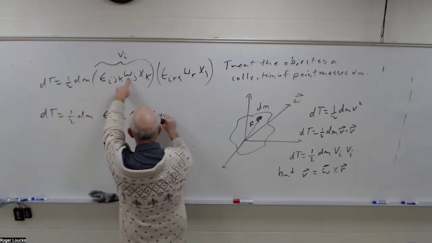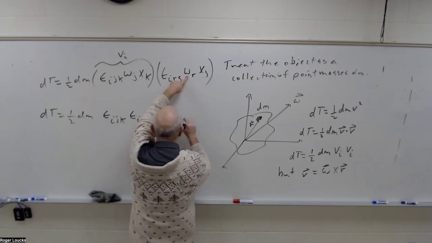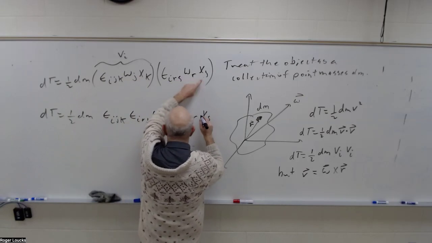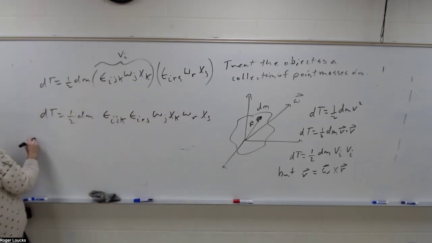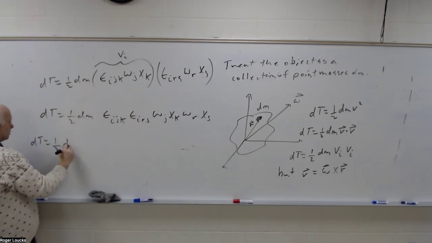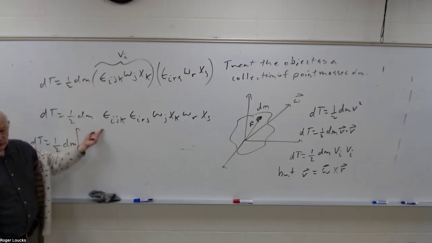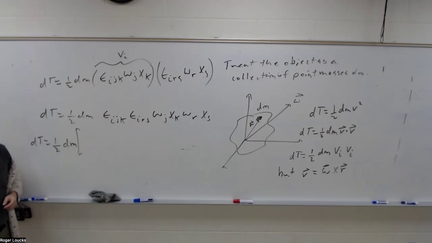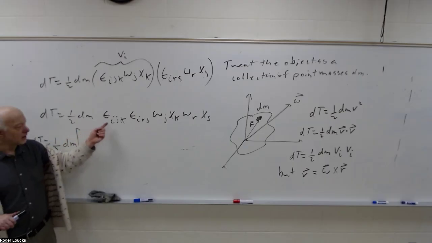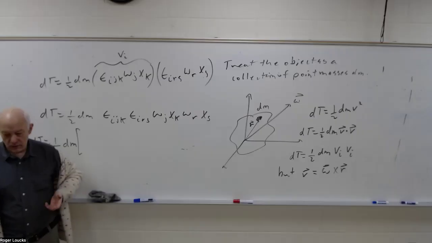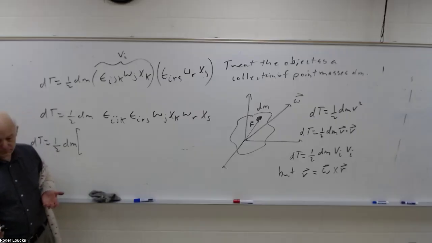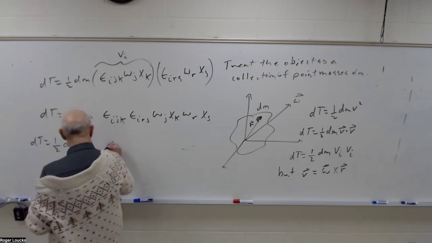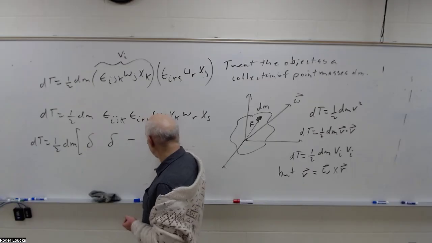And I have omega_j x_k omega_r x_s. Now, you tell me what this goes to. When you have two epsilons and you're summing on one of the indices, that goes to what? Delta. Yes, delta delta minus delta delta.